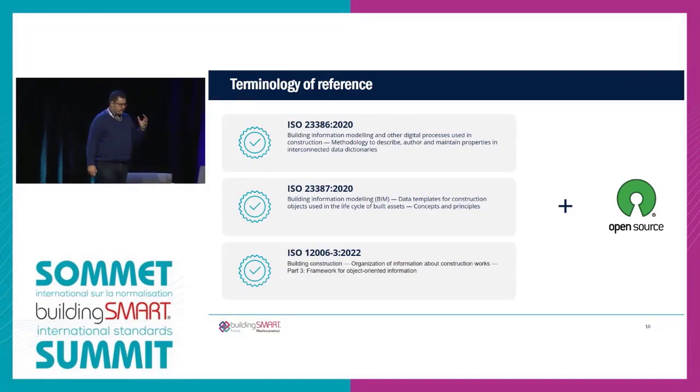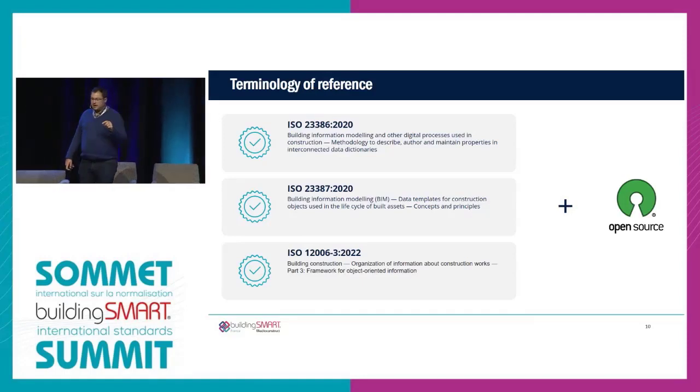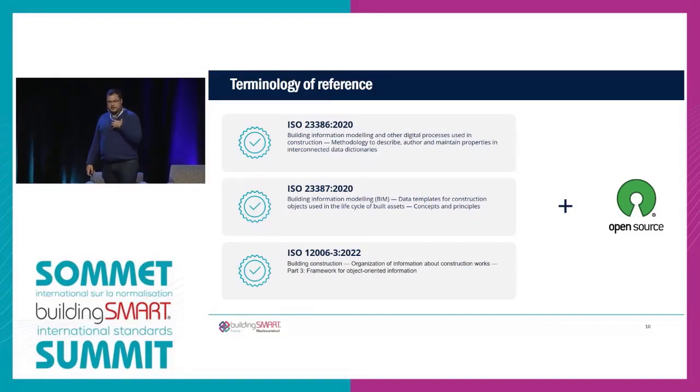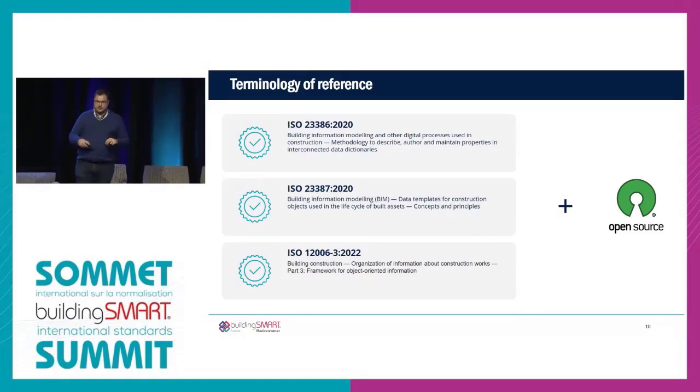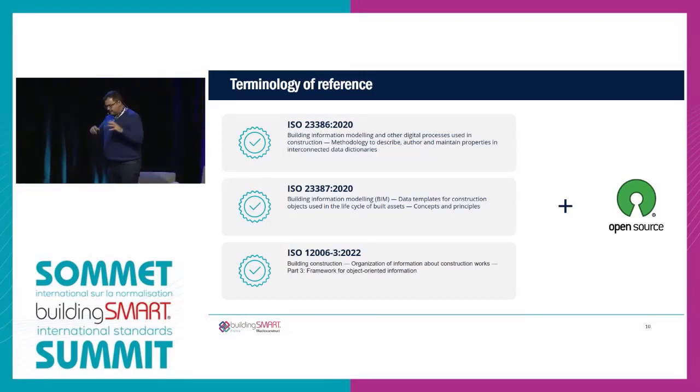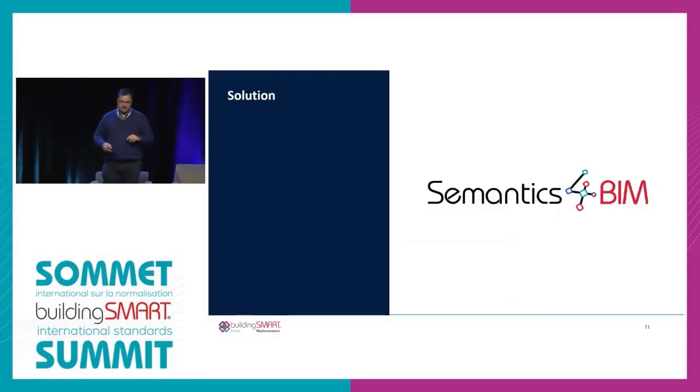It is important as a user, when I use a specific definition of a property or a term housed in a dictionary, to know who did it, what organization defined these particular terms, and I want to have trust in these terms to be able to use them on my project, and probably why not define a contract based on these particular terms. We have some ISO standards that allow us to set proper governance on a data dictionary.